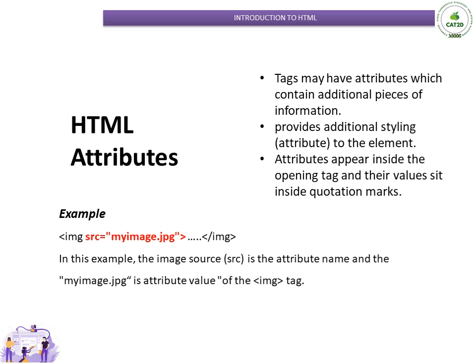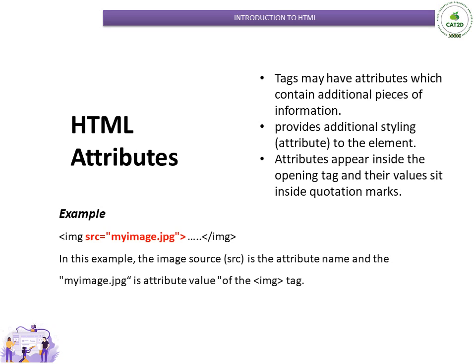Automatically, what you need to do is attach attributes to that tag. Change the color to green or red, make the font size 12 pixel, 14 pixel, 18 pixel. The font face can be bold, can be italics. So it depends on the type of attributes you will be using with your HTML tags.